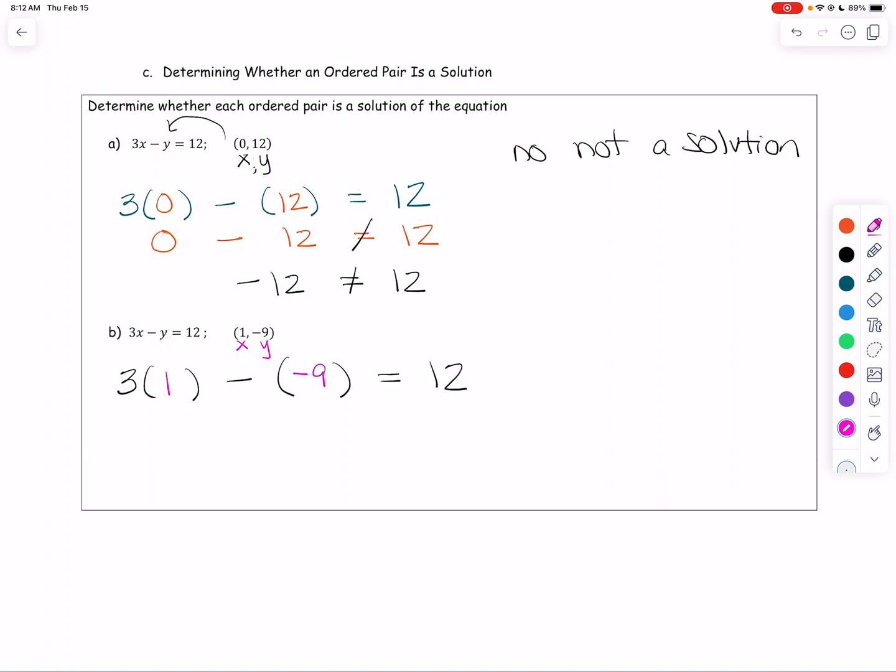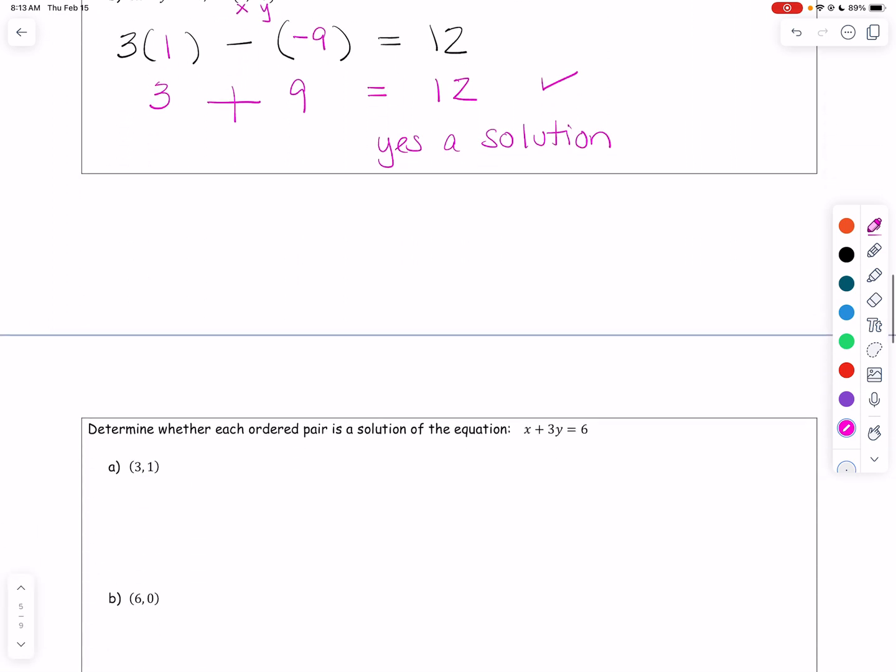So the reason I like to do parentheses is so that I don't lose a sign, especially when it's a subtraction, because now I get 3 and minus a -9 is +9, and 3 plus 9 does equal 12, so we would say yes, a solution. So what does that mean? It means that point, 1, -9, is on the line when I graph it, okay?